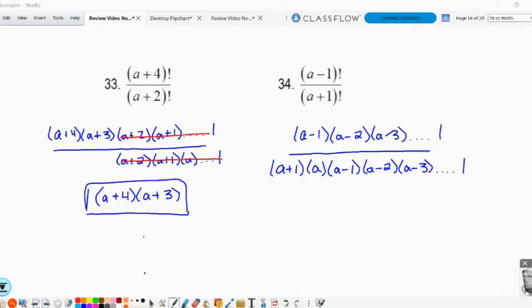Cross off our common factors, which would be everything in the numerator, and a minus 1 all the way down to 1 in our denominator. And our final answer is 1 over the quantity a plus 1 times a.